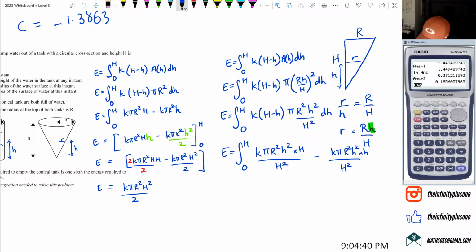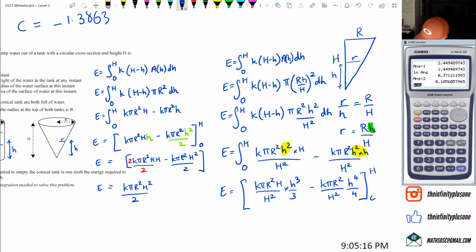So now I can actually integrate this, but for me to integrate this, I'm integrating just these values here. So that's actually h cubed there. So I'm going to end up with E is equal to, let's actually do this, K pi R squared H over H squared times H cubed over 3 minus K pi R squared over H squared. Now that was H cubed, so this is going to be H4 over 4.